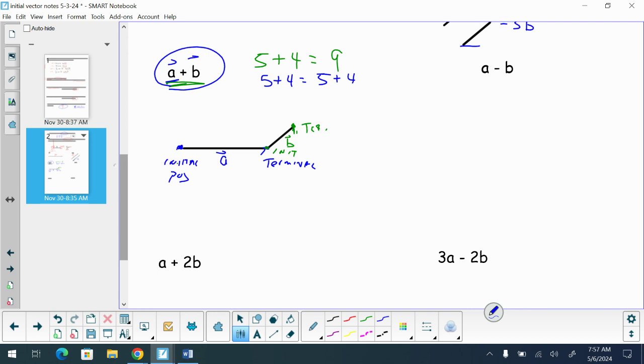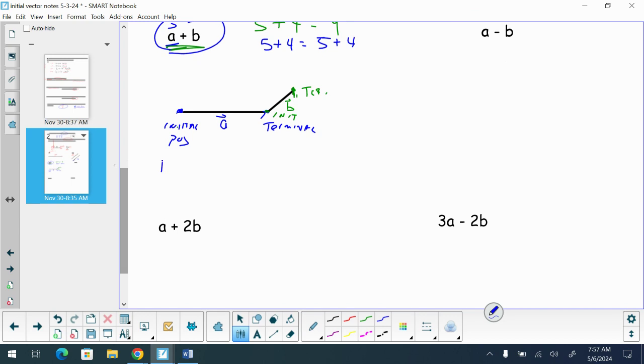What we want is a solution to A plus B, which is called a resultant vector, which I will symbolize as B subscript R. This is the solution to your vector addition. What is the solution to the vector addition?